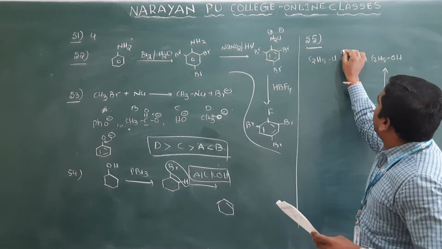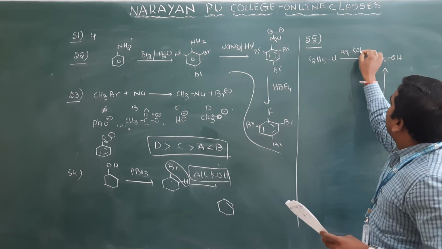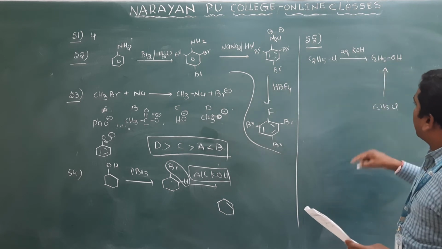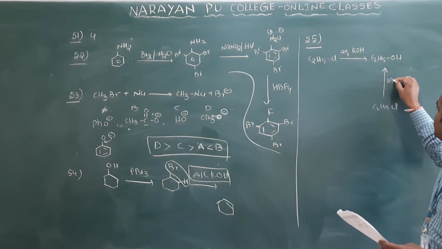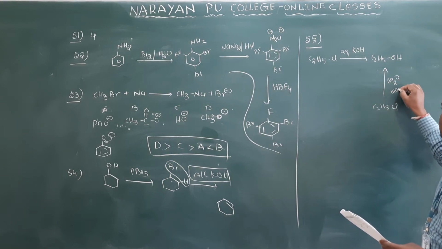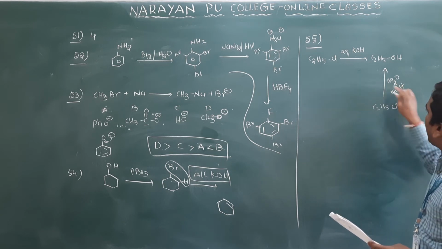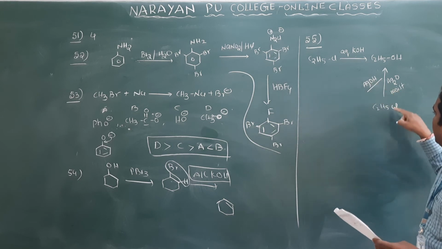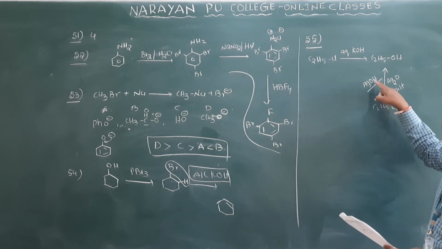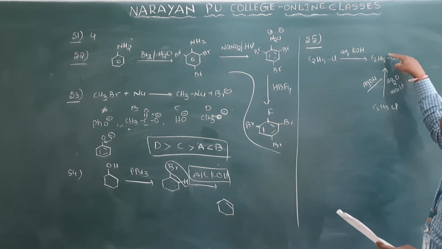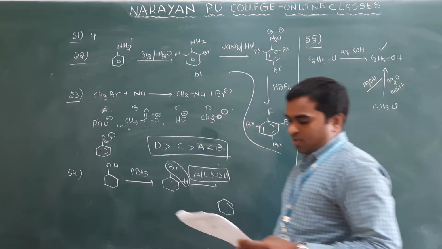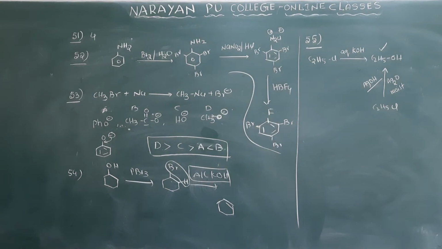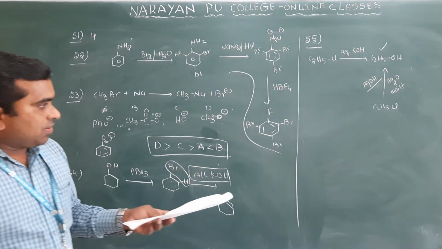Elimination. But if I take aqueous KOH, which reaction takes place? Substitution. Cl will be replaced by OH. And if I take moist Ag2O, moist Ag2O means AgOH. Then Cl will be replaced by OH, and you will get AgCl. That is the option. This is directly what we have discussed. Clear? So next one, 56.